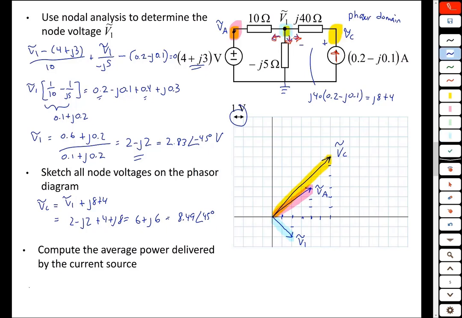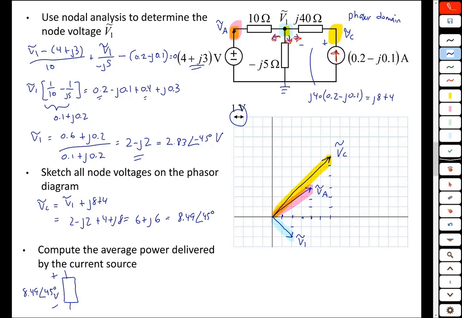In the final part of this problem, we were asked to find the power delivered by the current source. So now we're looking at an AC power problem. If you remember when we talked about AC power, if you have any component and you know the voltage across it and the current through it, you can find its power using the power equation. The voltage across the current source is VC phasor, which we calculated above to be 8.49 at an angle of 45 degrees volts.